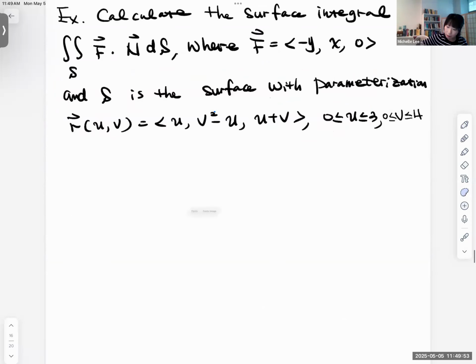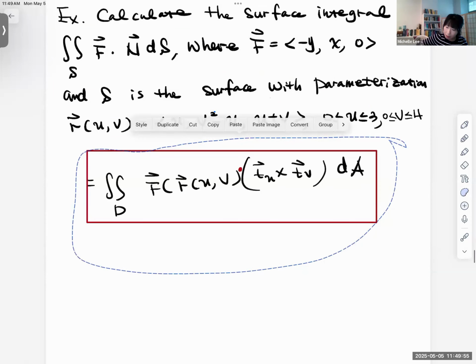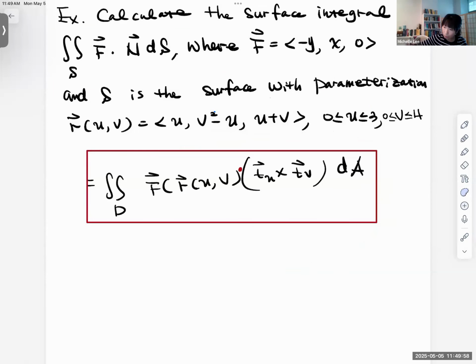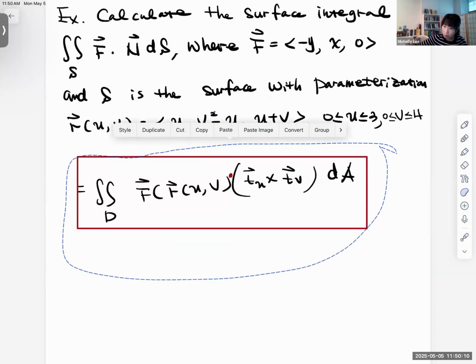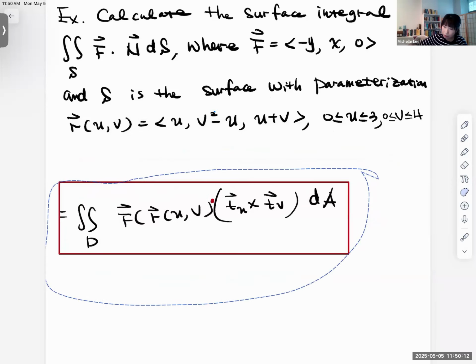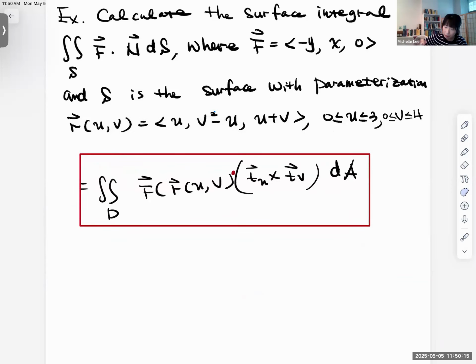Copy that, right? Now we want to substitute the parametric function R of UV into the vector field, right?